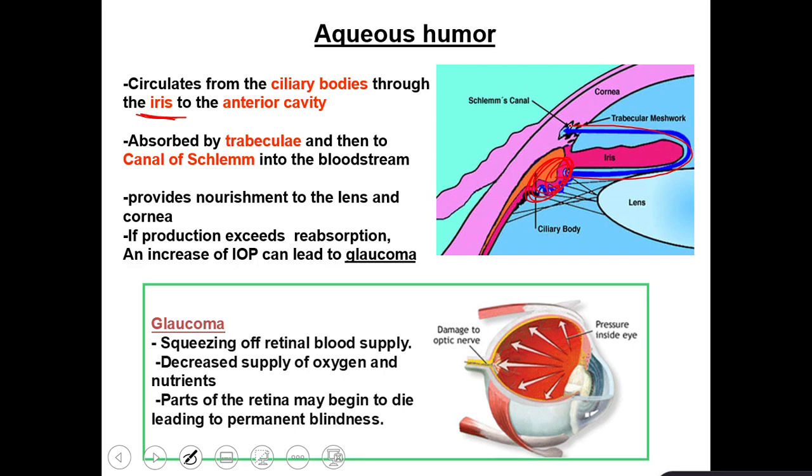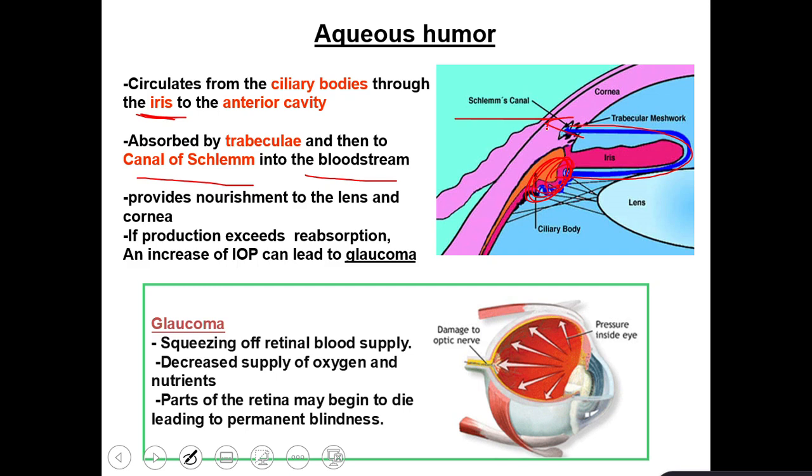Then it is absorbed to the bloodstream through trabeculae that lead to the canal of Schlemm, where the aqueous humor is absorbed back to the blood. This fluid provides nutrition to the lens and the cornea of the eye.